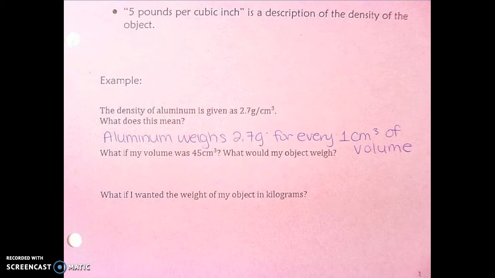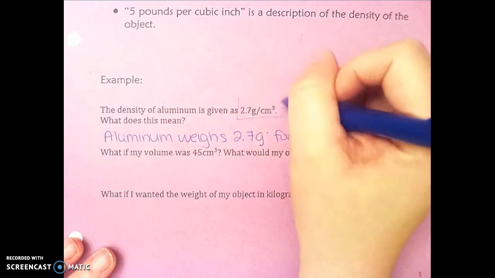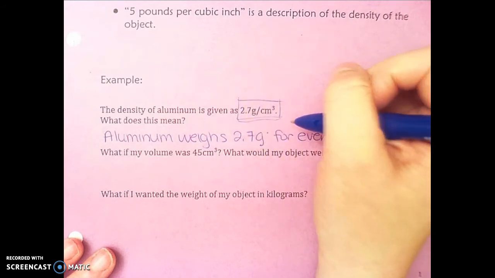So why do we even really care about density? It's because it will allow us to take an object's volume and find out how much it weighs, and we're going to be utilizing this a lot in topic 3. So from our discussion on conversions, I'm actually going to treat density as a unit conversion.